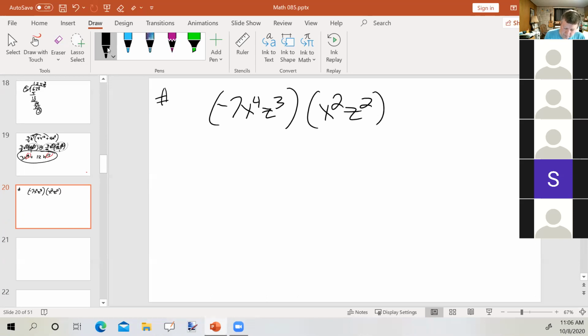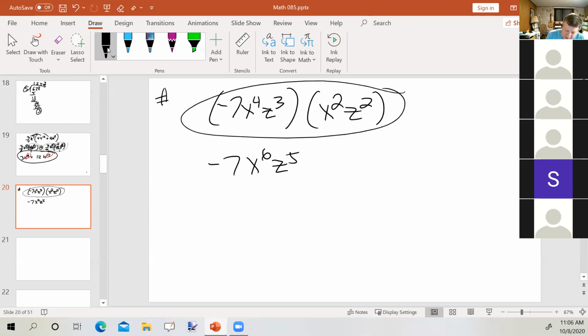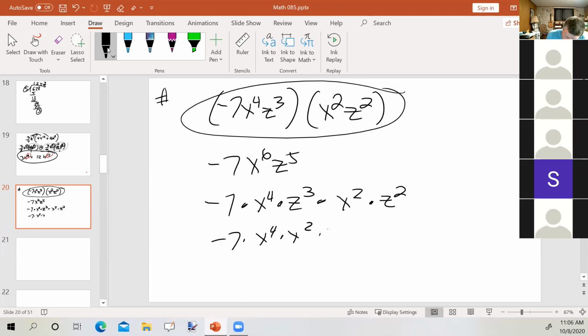Okay. Is that it? Yep, that's it. So we're going to get -7 x to the 6th, z to the 5th. How am I getting that? Okay, let's go back and take a look at what this is. This is -7 times x to the 4th times z to the 3rd times x squared times z squared, right? Multiplication is commutative, so I could literally move these things around and put all the factors of x together and all the factors of z together.